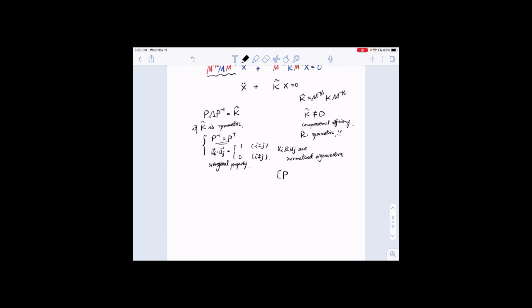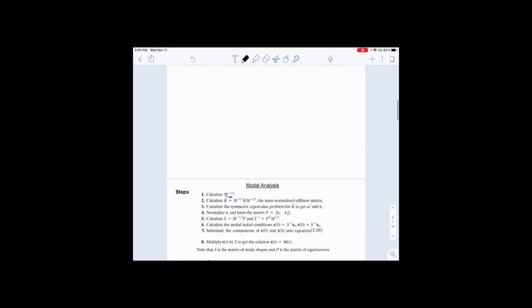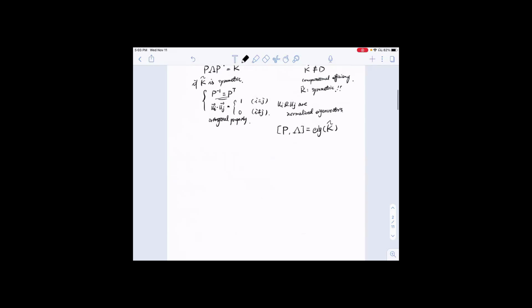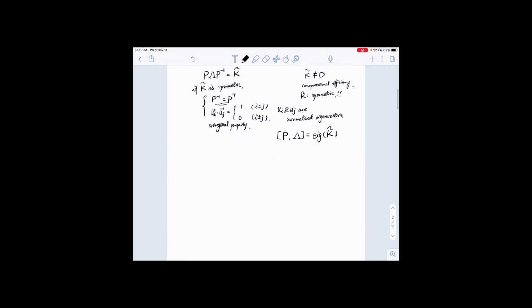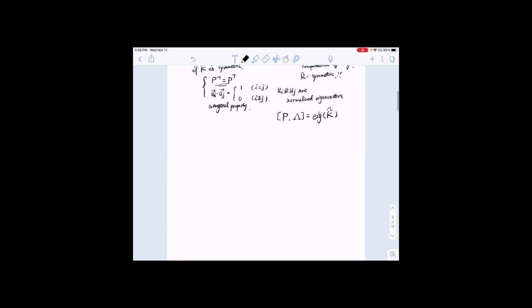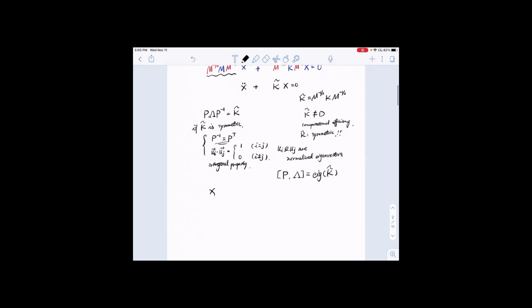You have P, Lambda equals eigen of k tilde. Then your x double dot equals P times Lambda times P invert x equals 0.